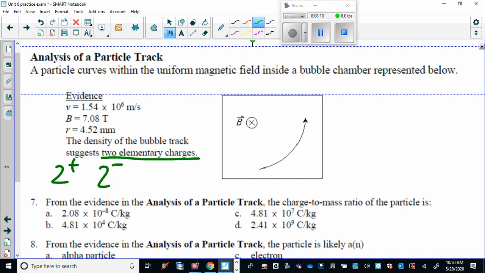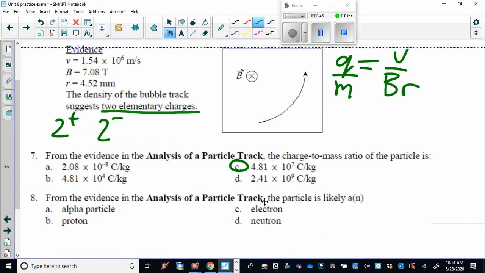It could have 2 excess electrons, or be deficient 2 electrons. So the question is similar to the one we did before. You've got the velocity, the field strength, and the radius. Put times 10 to the -3 for the radius because it's in millimeters. And again, that's a straightforward question. The answer is going to turn out to be C.